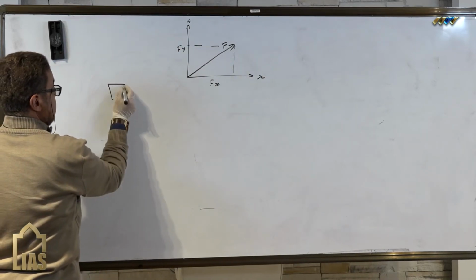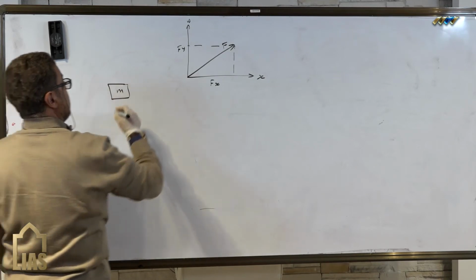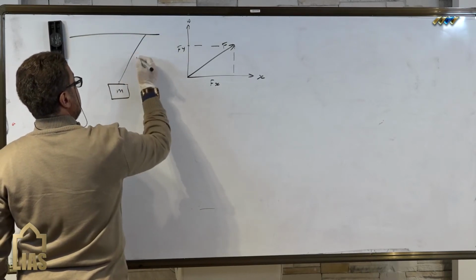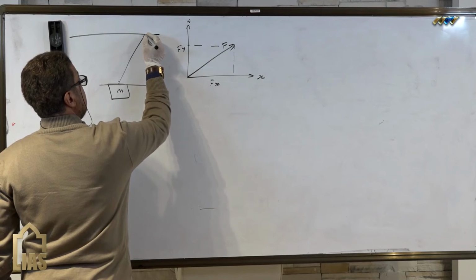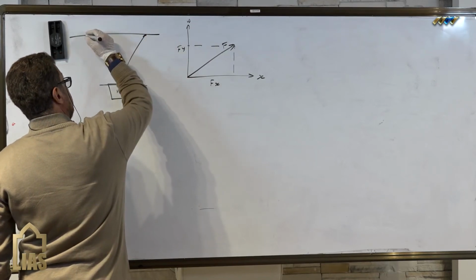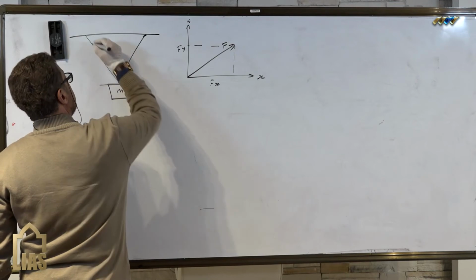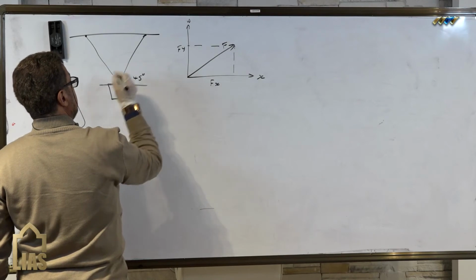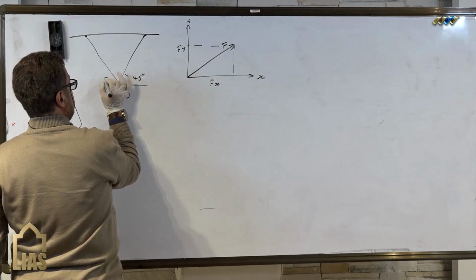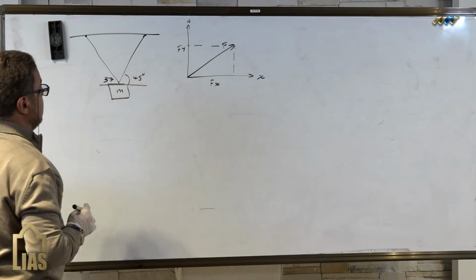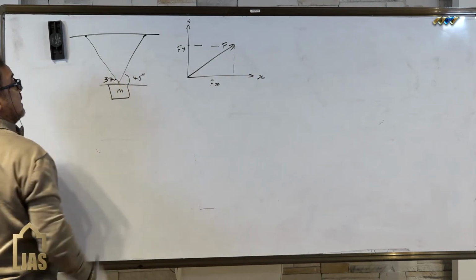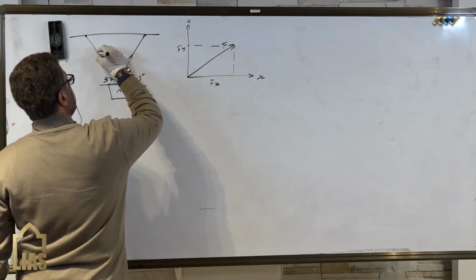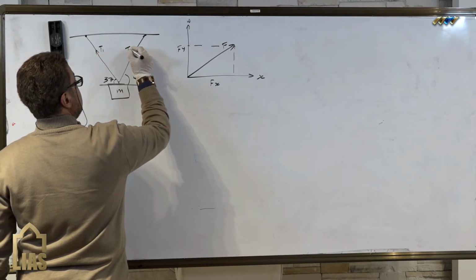This body of mass m is hanged by two strings. If one makes 45 degrees and the other makes 37 degrees, we call the forces tension: T1 and T2.